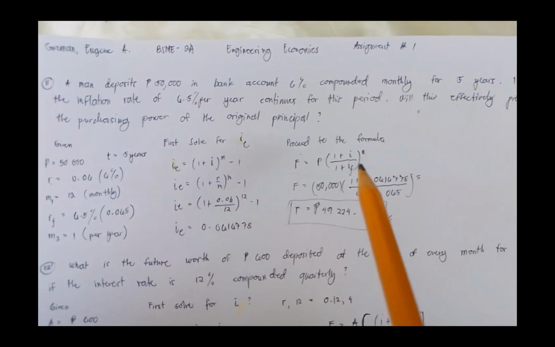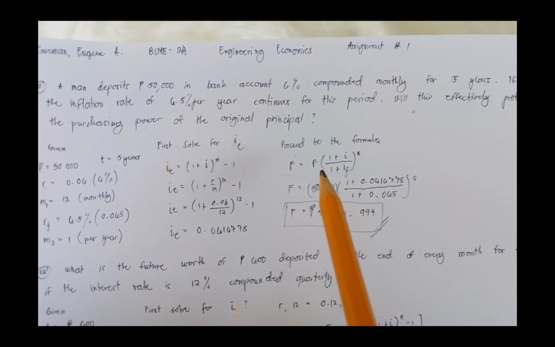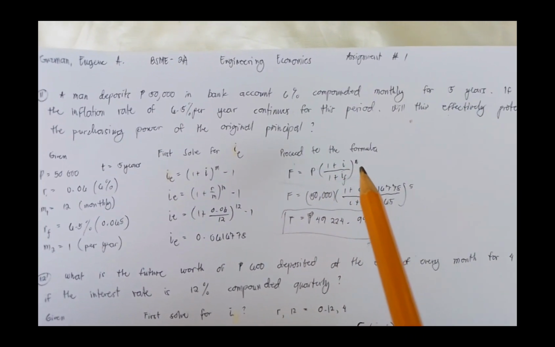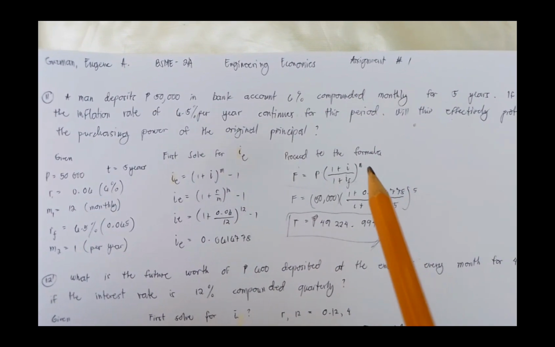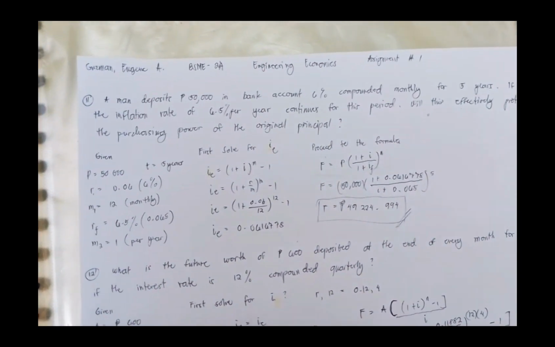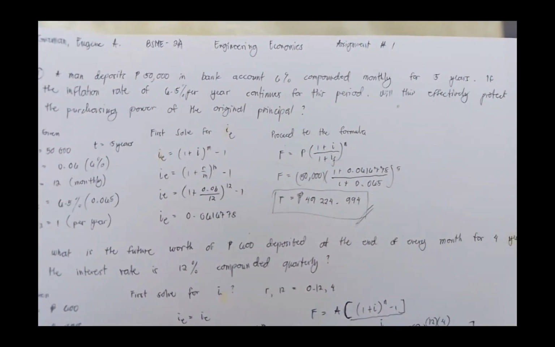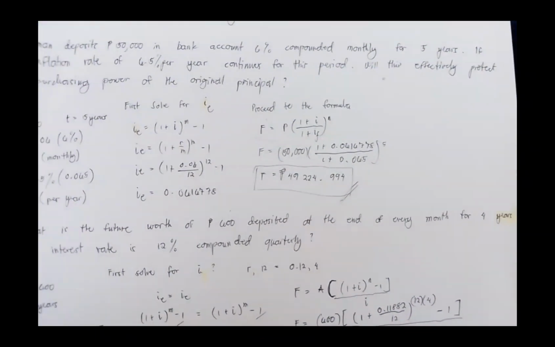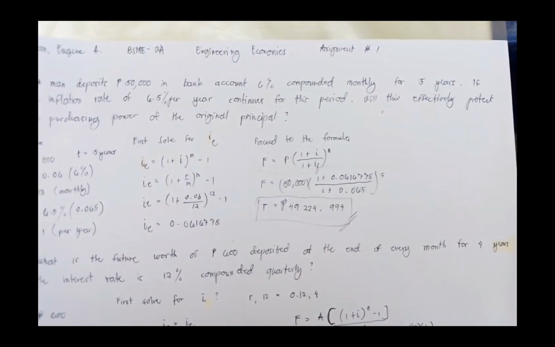So simply substitute. F is equal to P times quantity of 1 plus I all over 1 plus I inflation. So our N is 0, since we already used the mode of compounding in the effective rate.